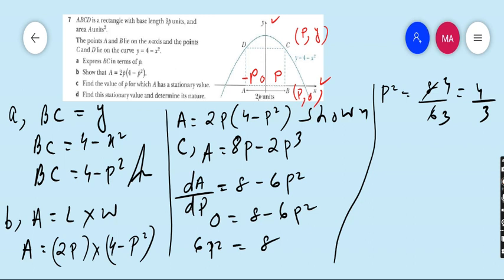I think there is no mistake, but the answer in the book is not matching with my answer. The answer in the book is 2 root 3 upon 3. It means, wait, I am checking again.